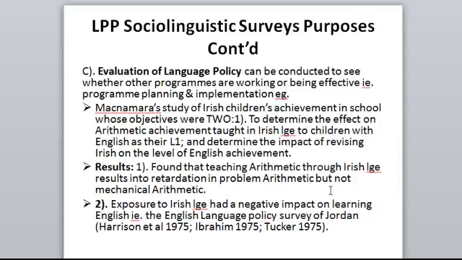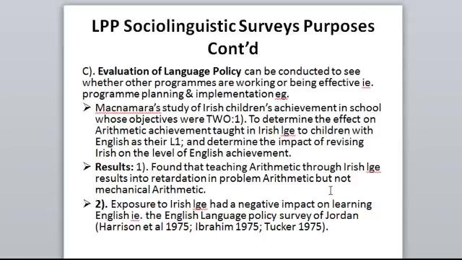This investigation found that teaching arithmetic through Irish language results in retardation in problem arithmetic, but not mechanical arithmetic. At the same time, the other result was that exposure to Irish language had an impact on learning English, and this impact was negative.